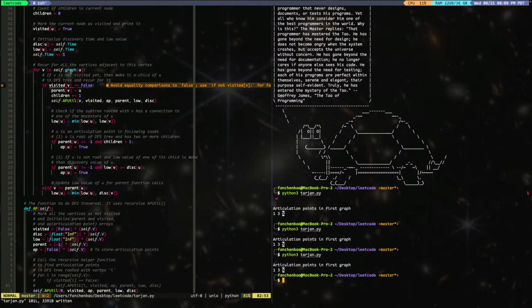For v in graph u, and if v is not the parent of u. Okay, so we just don't go back, right? If v is not the parent of u, and v has been visited before, then low u is the minimum of low u and discovery v.